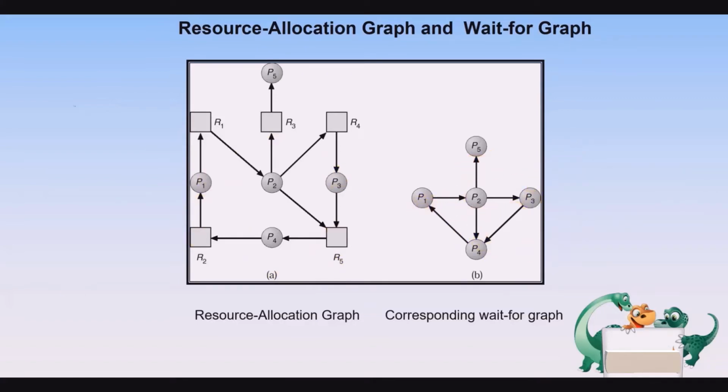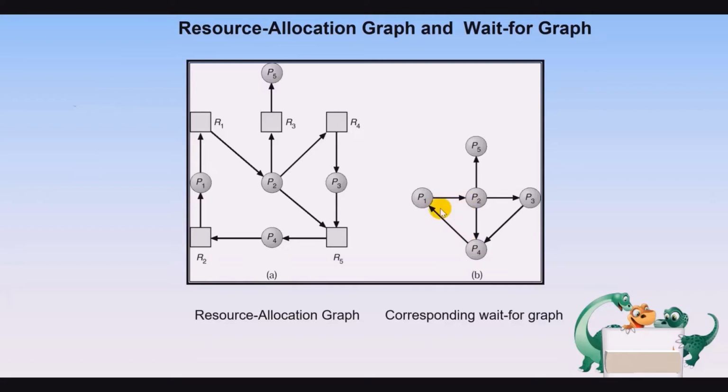On the wait-for graph, P1 waits for P2, P2 waits for P4, and P4 for P1. So what can you conclude? You have a loop here, and therefore this is a deadlock.